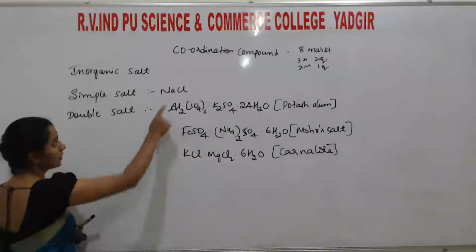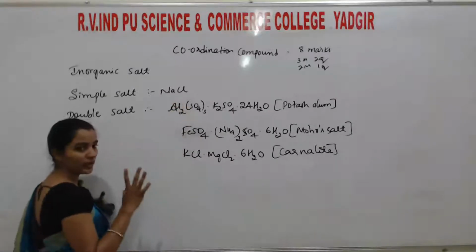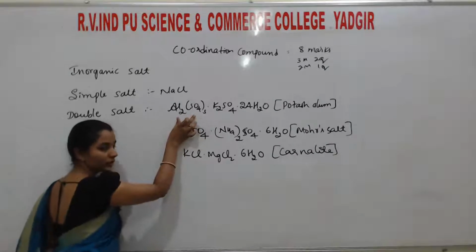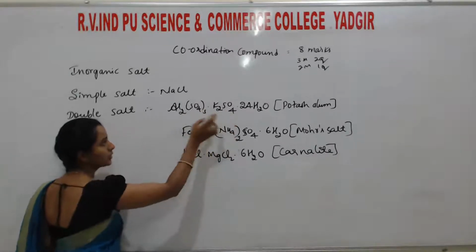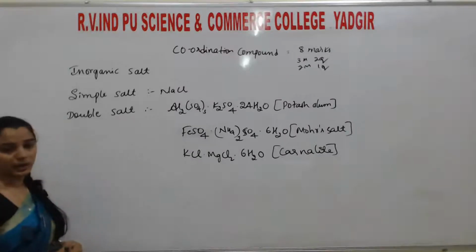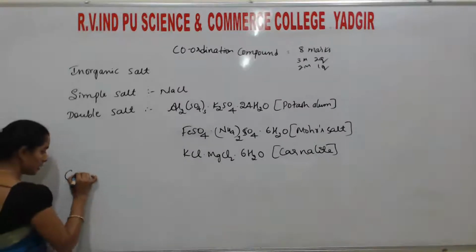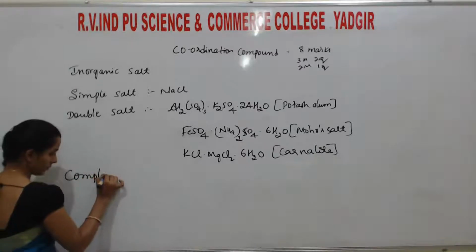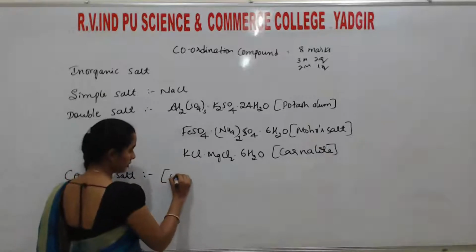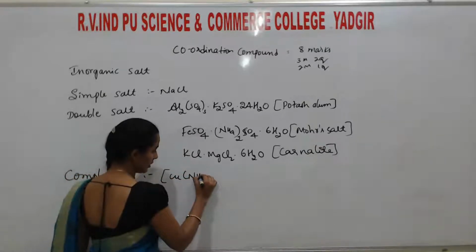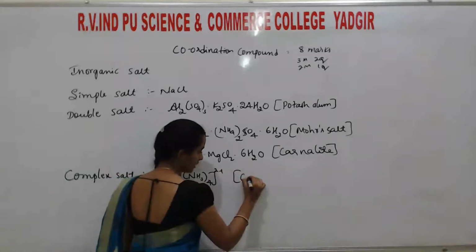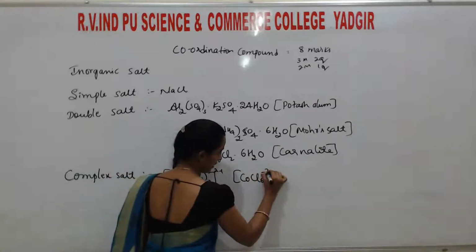Here NaCl means only one salt, Na plus and Cl minus. Double salt means aluminium sulfate is one salt, potassium sulfate is one salt, and they are together. That's why it is called a double salt. And the last one is complex salt. Examples are Cu(NH3)4 2 plus, CoCl6 3 minus.